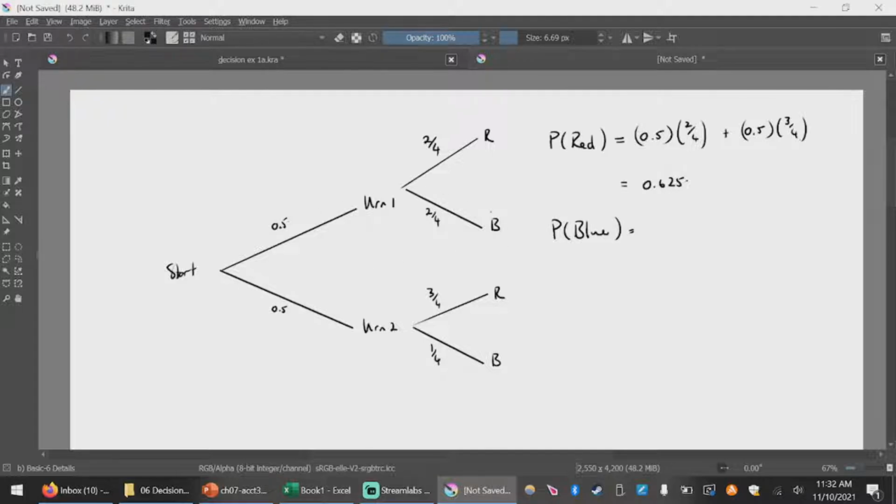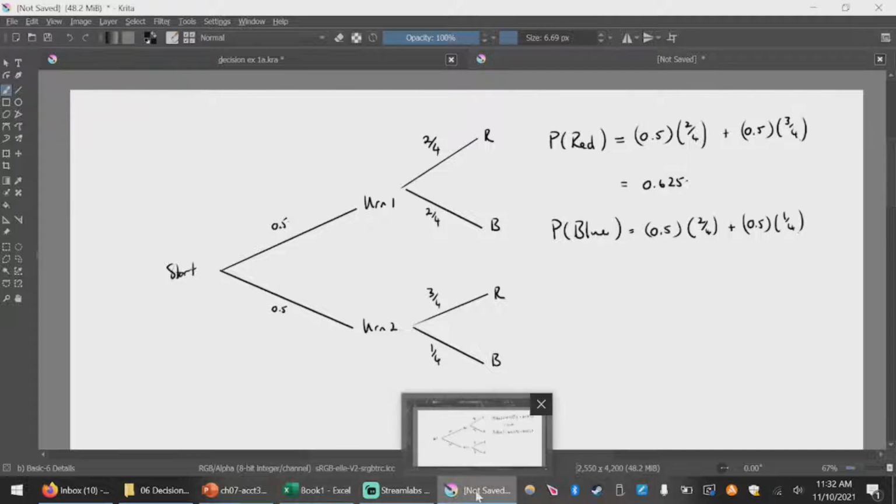I can do the same for the probability of blue. It's this second path, which has probability 0.5 times 2/4, and this bottom path as well. They're mutually exclusive, so I can add them together. 0.5 times 1/4. Let's calculate that just to see what we would get.